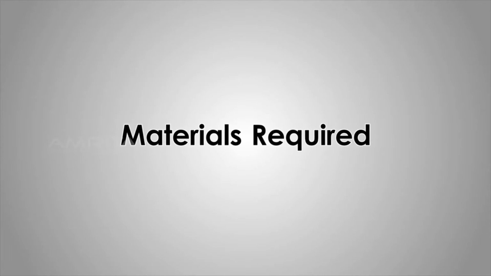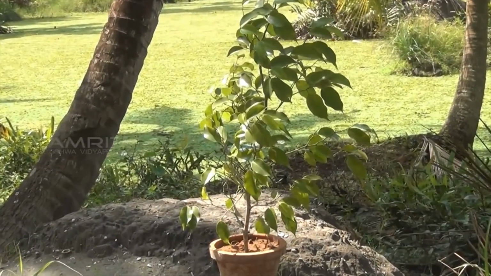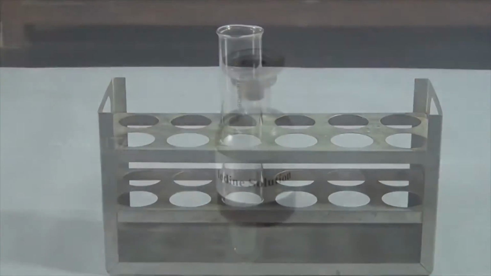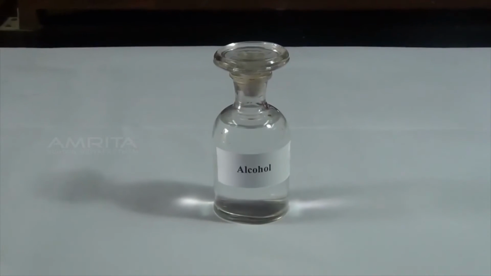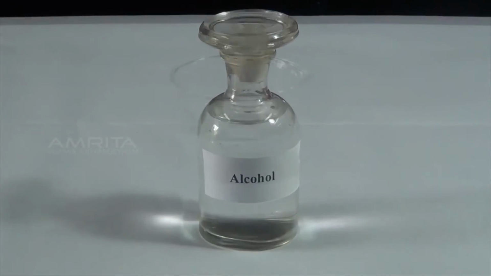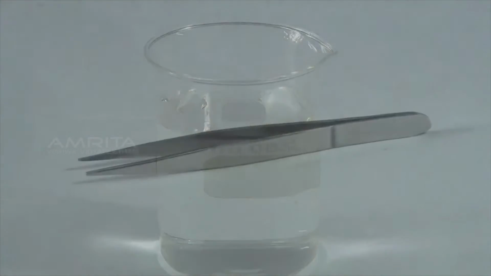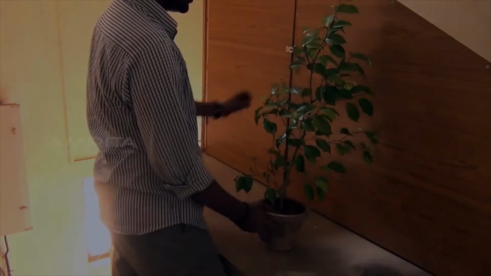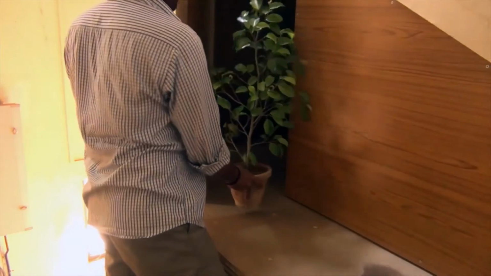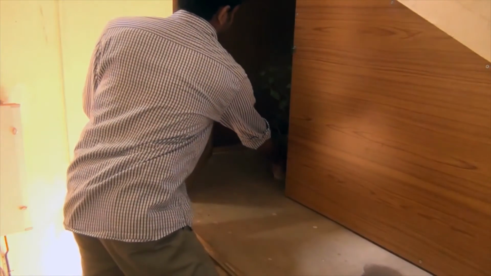To do the experiment we require a healthy potted plant, boiling tube, iodine, petri dish, methylated spirit or alcohol, distilled water, forceps and a hot plate. Procedure: take a healthy potted plant and keep it for 2 to 3 days in a dark place.